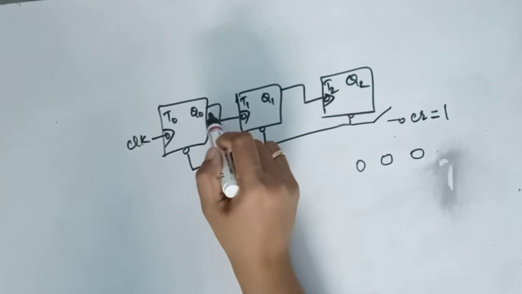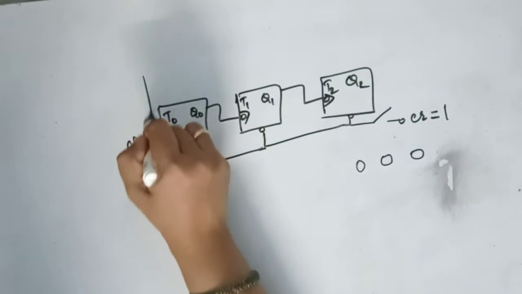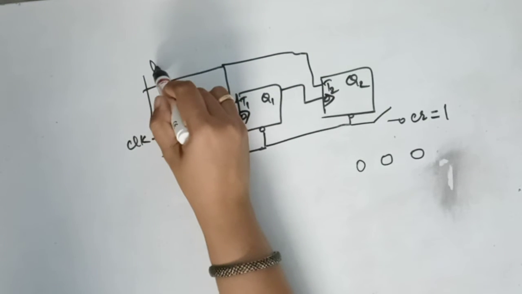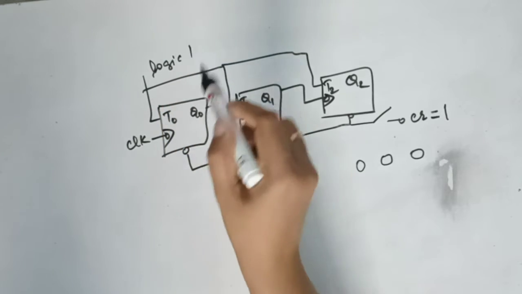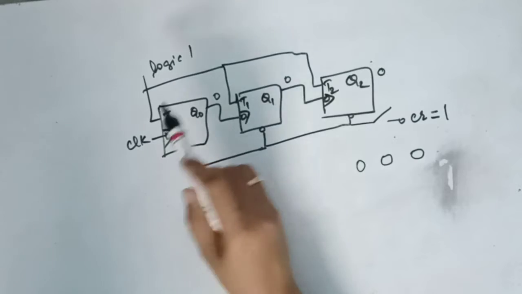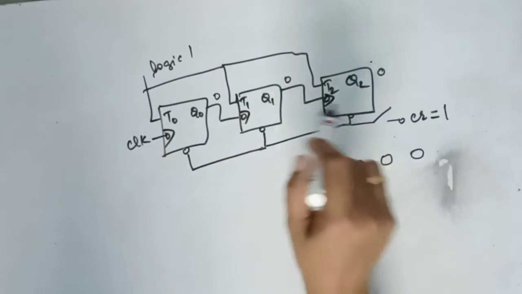So this is logic 1. Initially you had 0 0 0 here. Now clear is inactive.